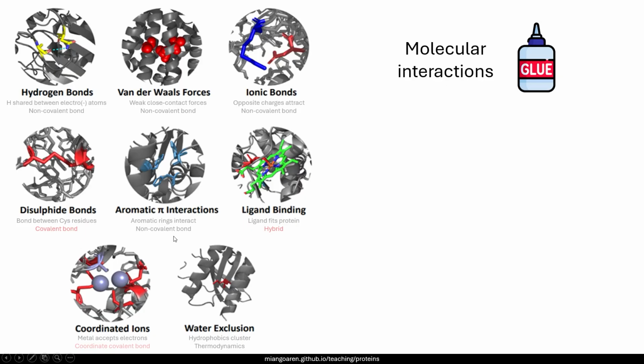Another interaction that is also quite relevant is coordinate ions, which are practically metals, which by giving up electrons in order to establish this type of coordinate covalent bond, establish a relatively strong atomic interaction.